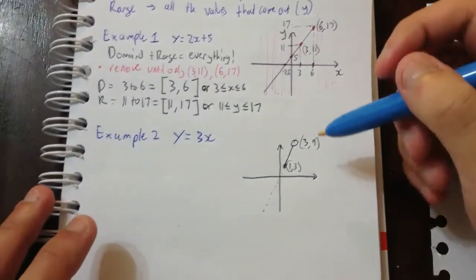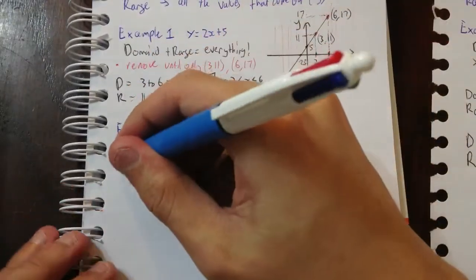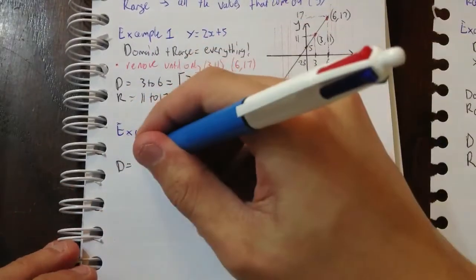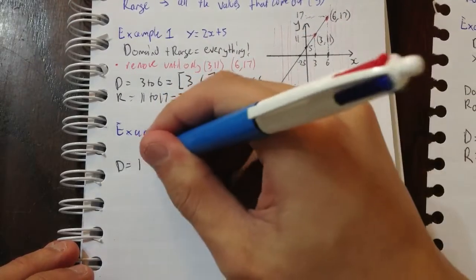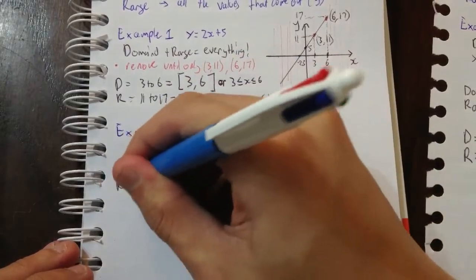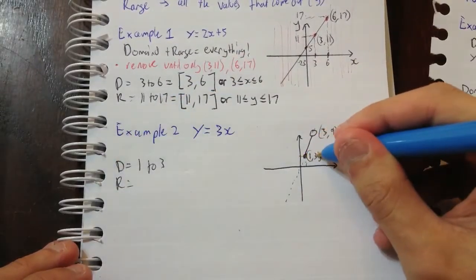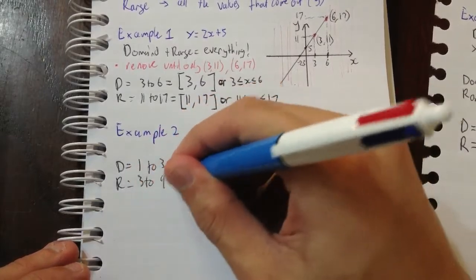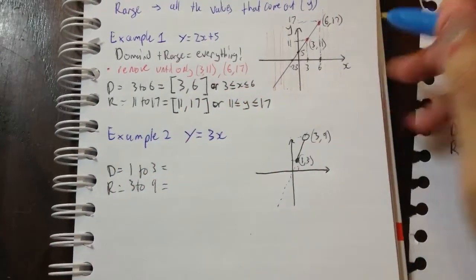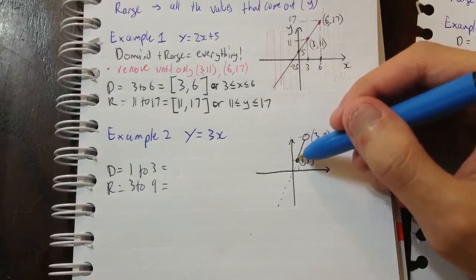Now, note that we'll try and do the domain and range again. So domain is 1, the first x value, to 3. Range is the y value, 3 to 9. But there's something different about this one. If you look, this is an open circle, this is a closed circle.